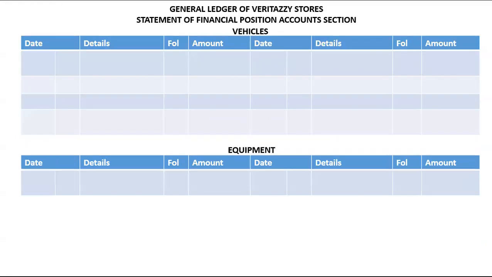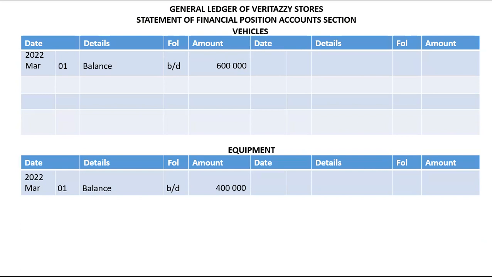When we go to the vehicles account, you will start with the balance. At the beginning of the year, the balance of your vehicle was 600,000. And the balance of equipment at the beginning of the year was 400,000.